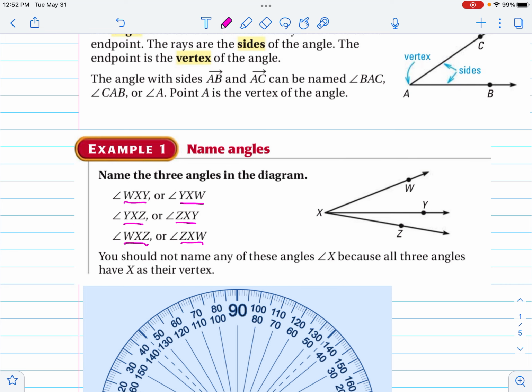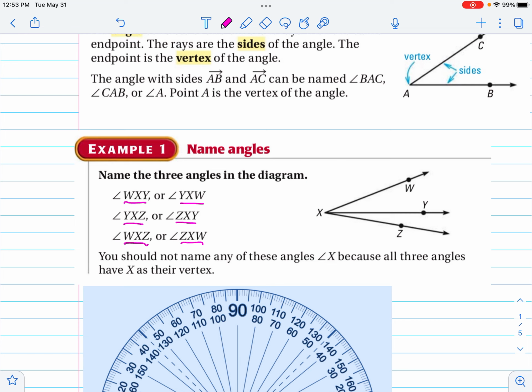Now, when we talk about these angles, there is a measure of that. We classify these angles according to how big of an opening they are, how big the angle is. In this section, we're going to talk about angles between 0 and 180 degrees.